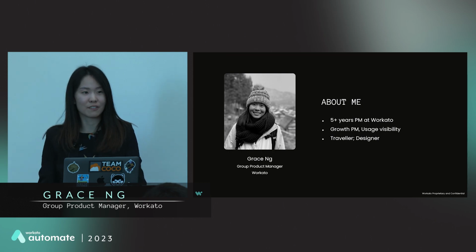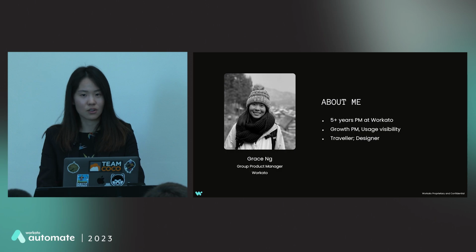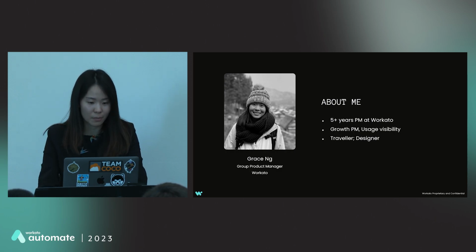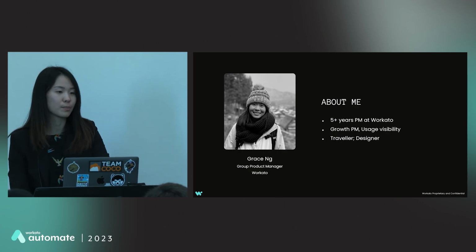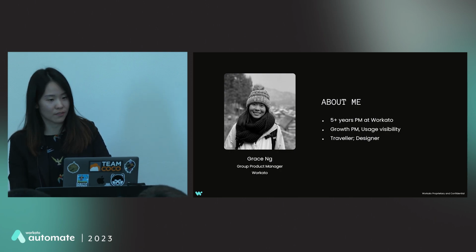So a little bit about me. I've been a PM at Workato for about 5+ years. So worked on a lot of core features from connectors to governance features like RBAC. More recently, I transitioned into the growth PM role for usage visibility. So this is where I work in now. Very exciting set of features. In my spare time, I love to travel.